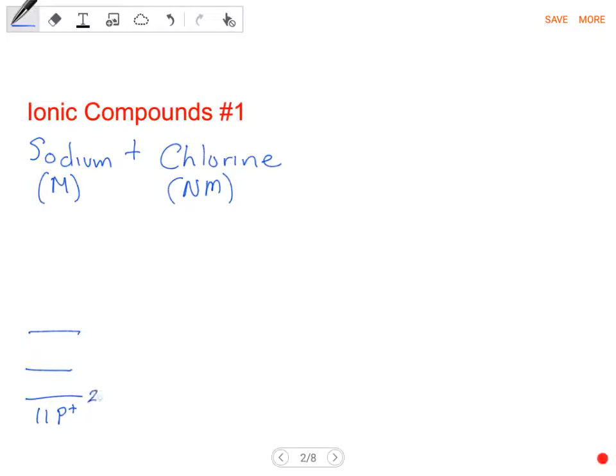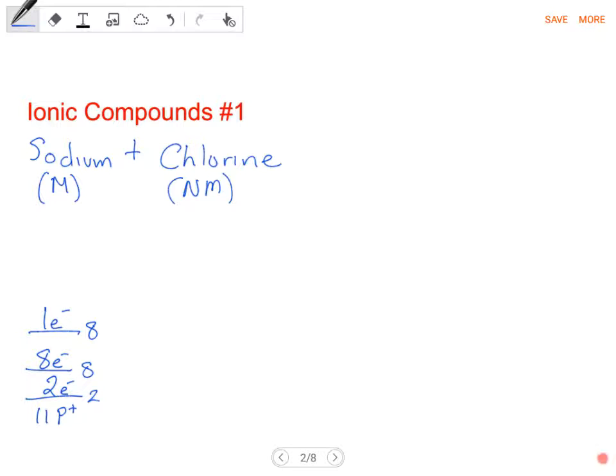So we know we have 2, 8, 8. I need you to put 11 electrons in there. Remember, we fill from the bottom. So I can put 2 electrons there. If I had 11 electrons and took away 2 of them, I should have 9 left. Okay, I can put 8 of them there. I've used up 10. So 11 take away 10, I should have 1 left.